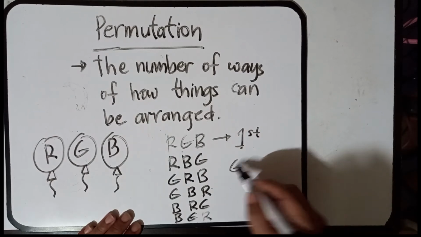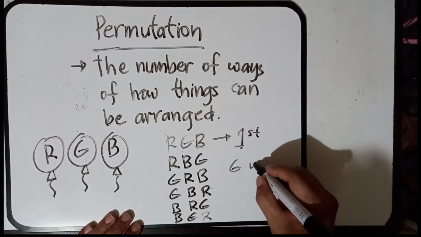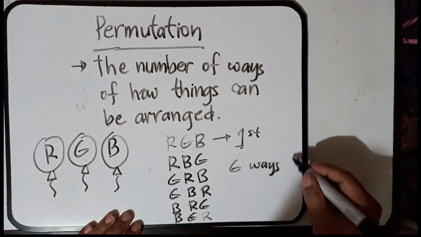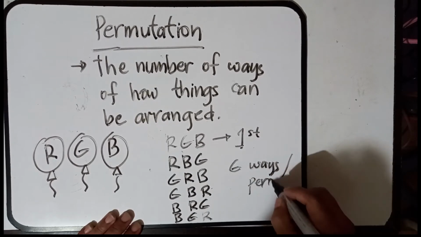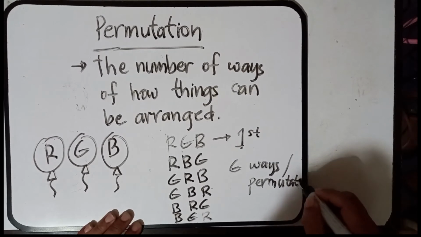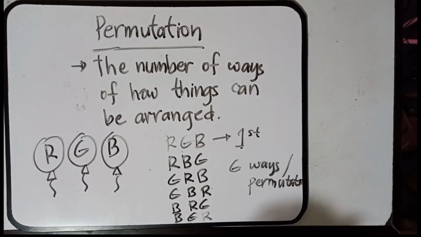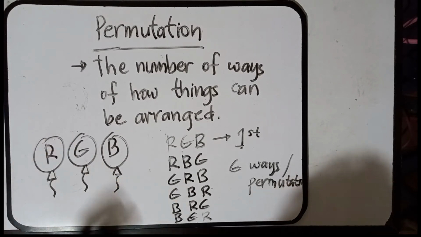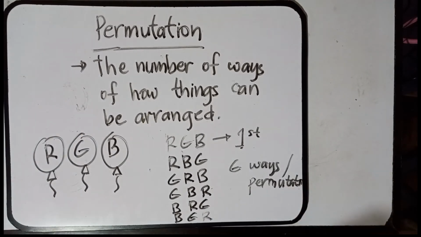So 6 ways, or 6 permutations. That is the basic idea of what a permutation is. What you have to do is just count every combination, and the total orders or arrangements that you get is called the permutation.